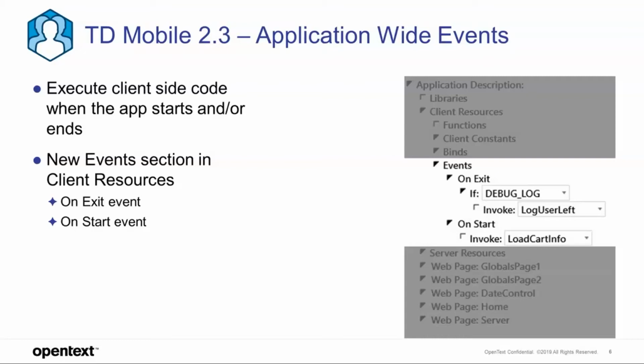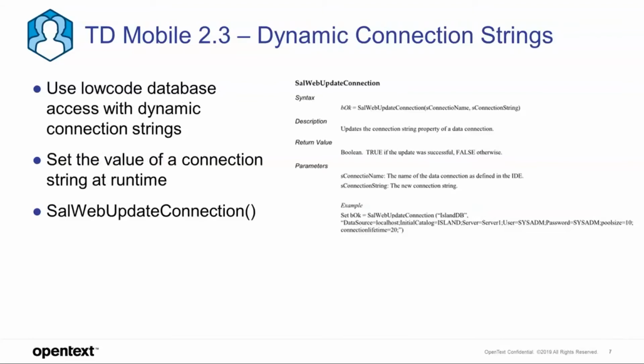In TD Mobile, you have this low-code database connection method, and for that, there's now a new function in TD Mobile called Web Update Connection, which allows you to modify the value of a connection string at runtime.